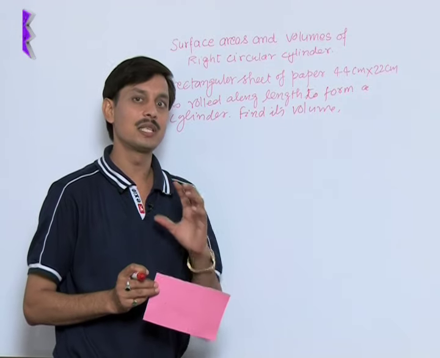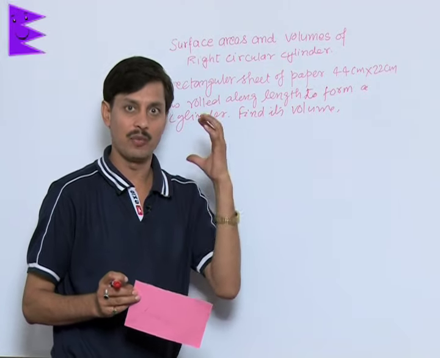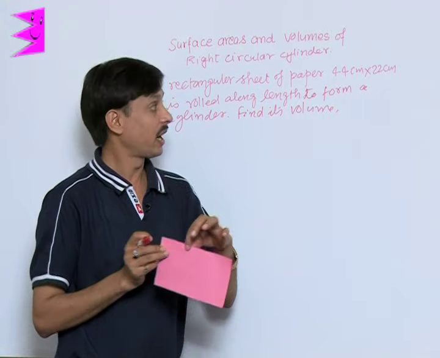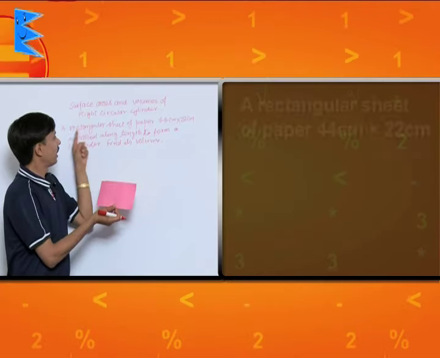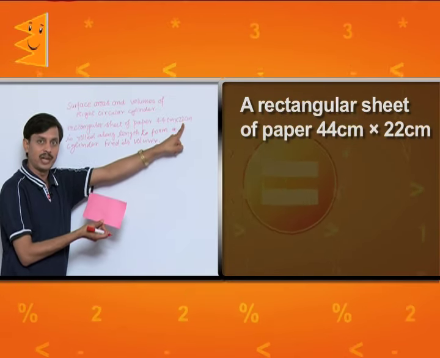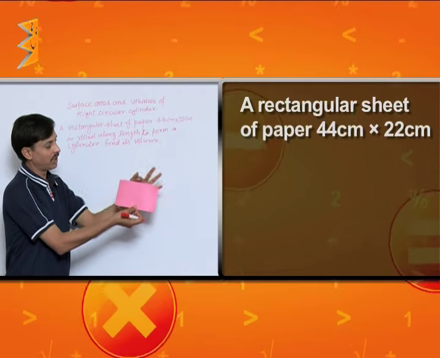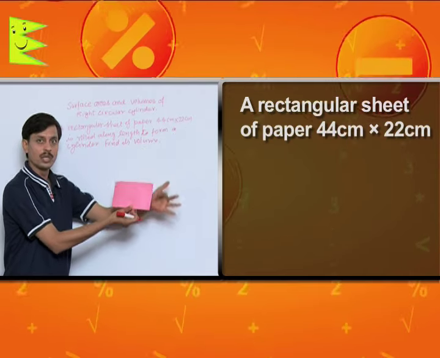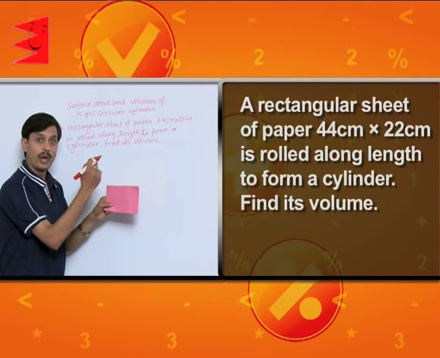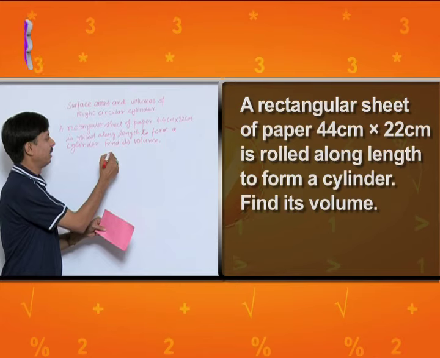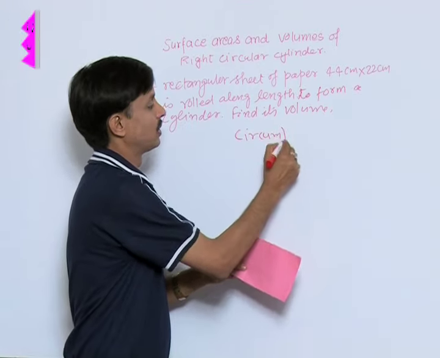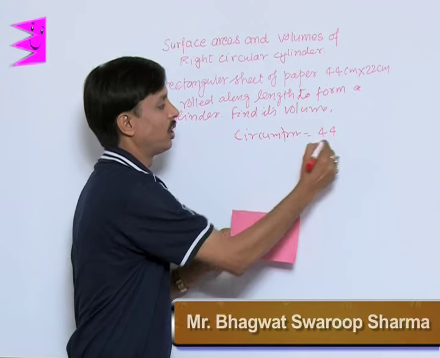Now I want to discuss with you a problem where volume of a cylinder is to be calculated. A rectangular sheet of paper 44 centimeter by 22 centimeter, means 44 centimeter long and 22 centimeter wide, is rolled along the length. When a sheet is rolled along the length, the circumference is equal to 44.